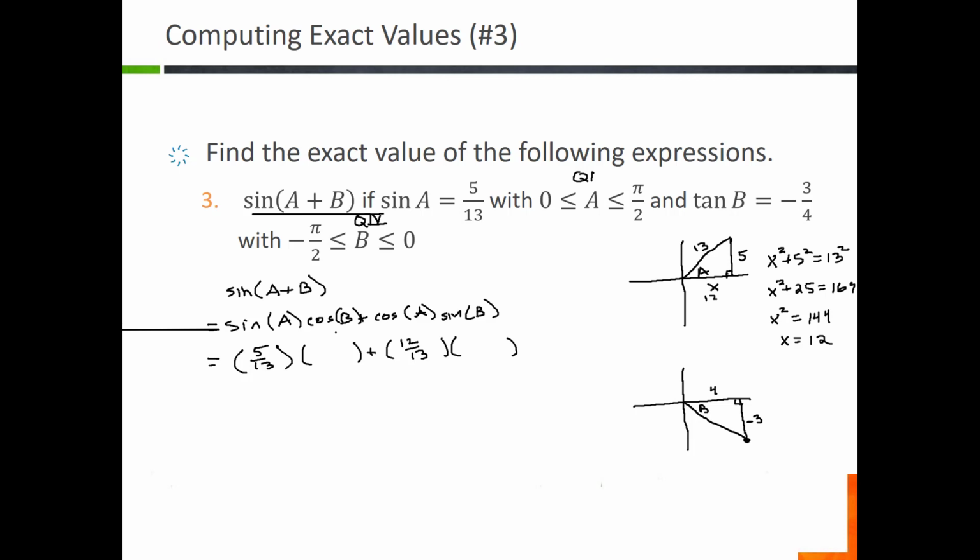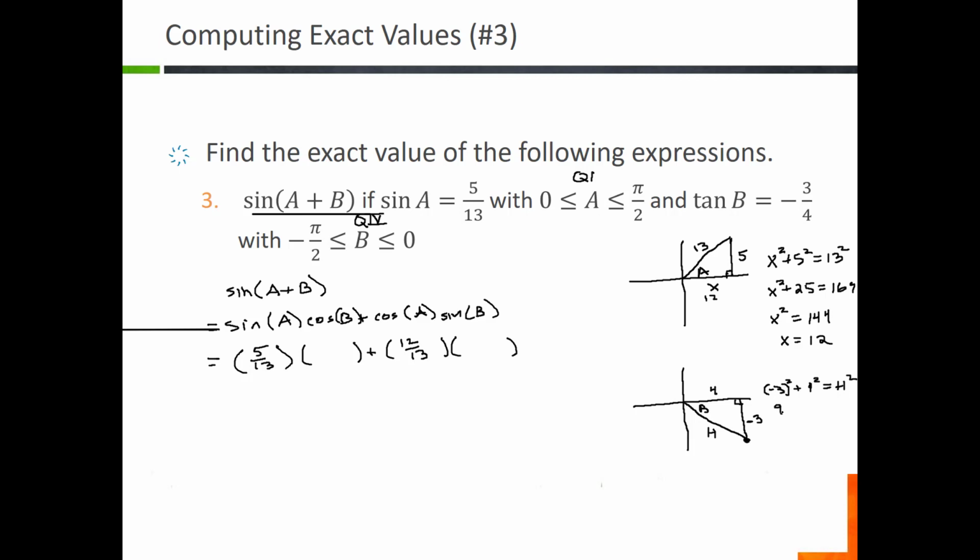In order, we need to know cosine of B and sine of B, which means for both of those we need to know the hypotenuse. So we'll just call that h. So we're going to have, again, this Pythagorean theorem, so negative 3 squared plus 4 squared has to equal h squared.